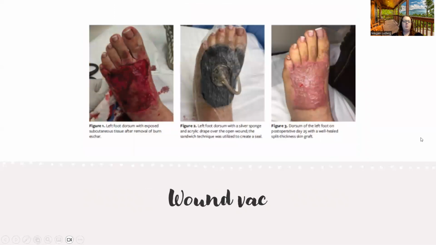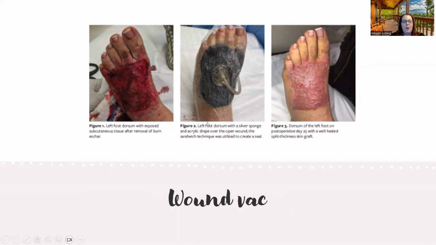All right, one more that really wasn't listed in any of our other categories here is a wound vac. It's a type of sponge, usually black, it could be silver, that gets hooked up to a machine. These sponges are cut to size. So if you have large or deep wounds that are having difficulty healing maybe, or there's no way you can put a skin graft on yet, or there's no way you can suture it shut, they need something to put on it.